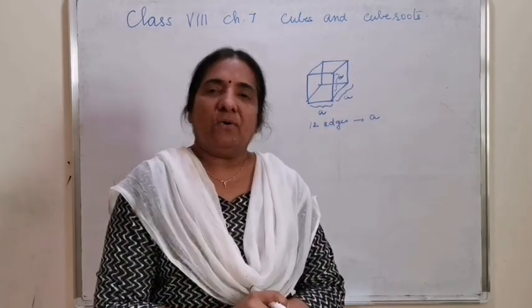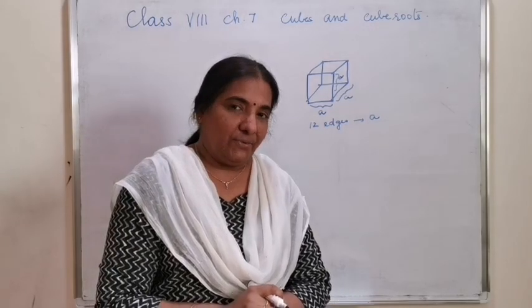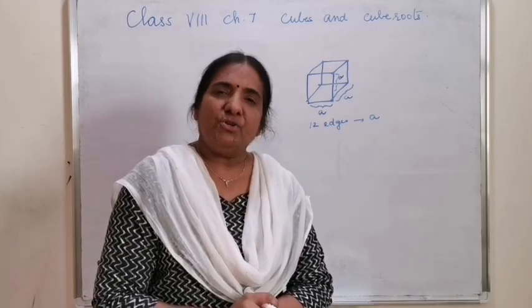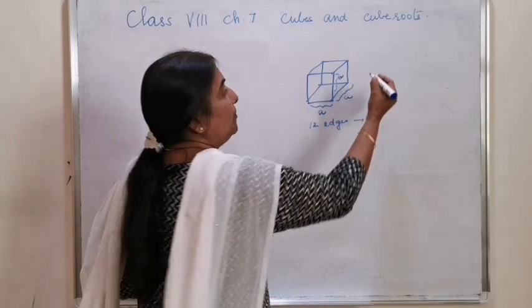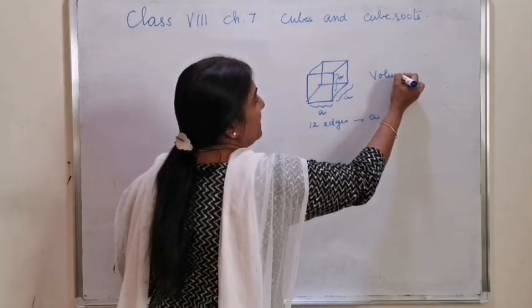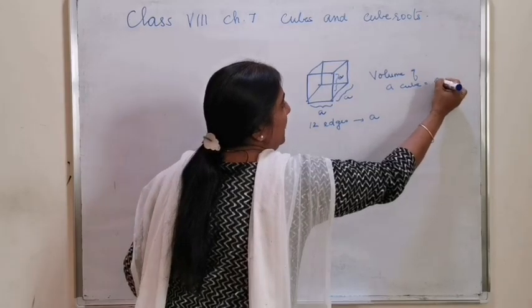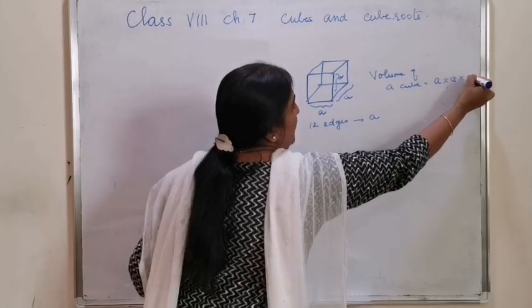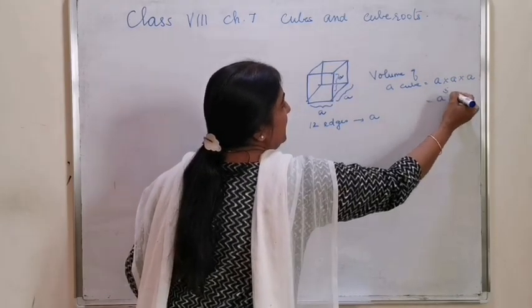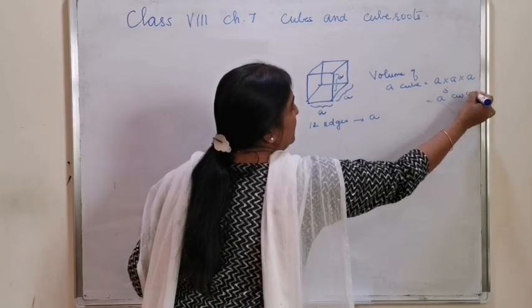That is, all the edges will have equal units. There, when you were asked to find the volume of a cube, you were using the concept of A into A into A, which is the same as A cubed, cubic units.